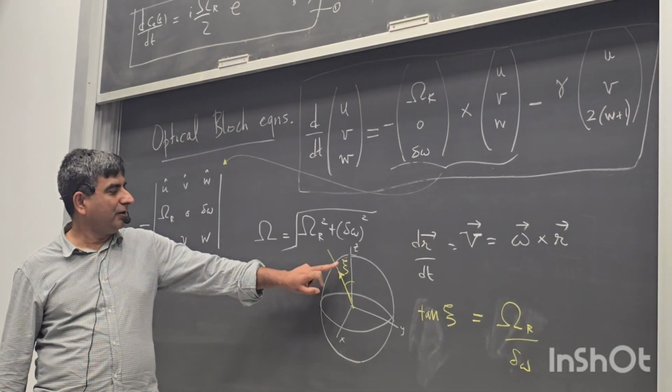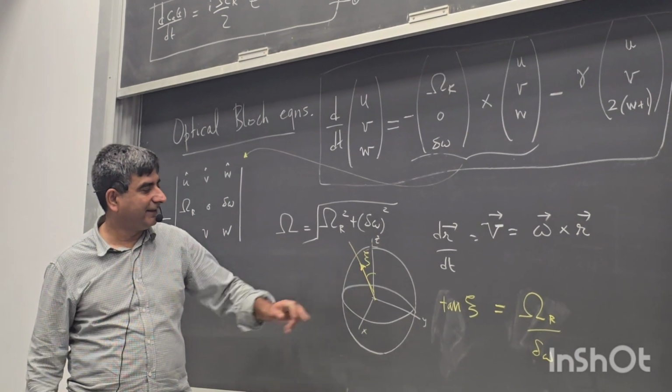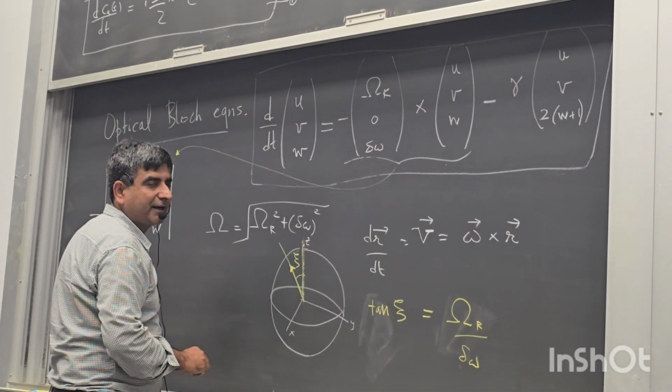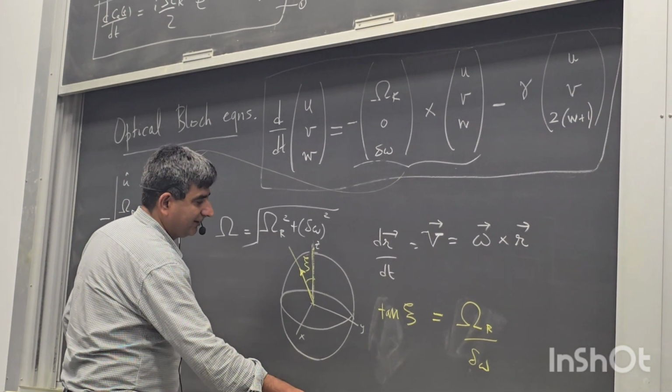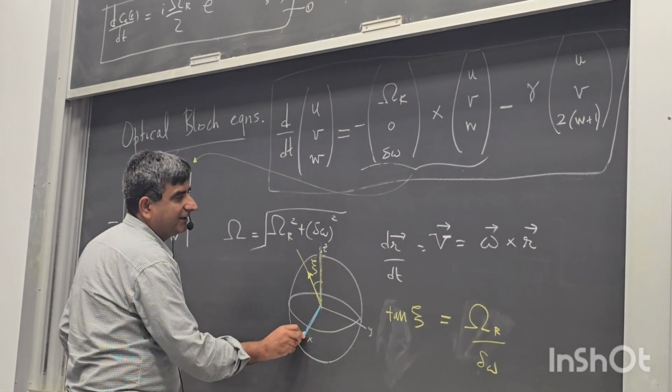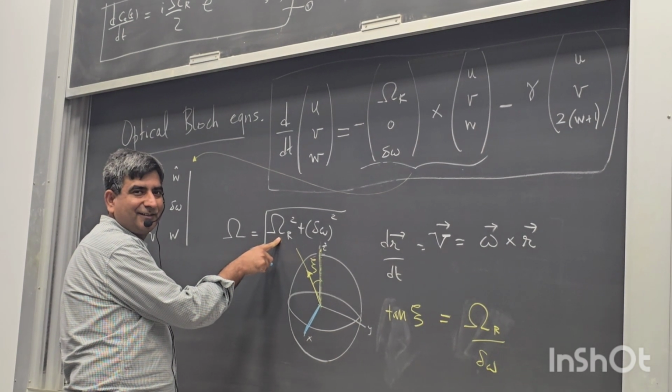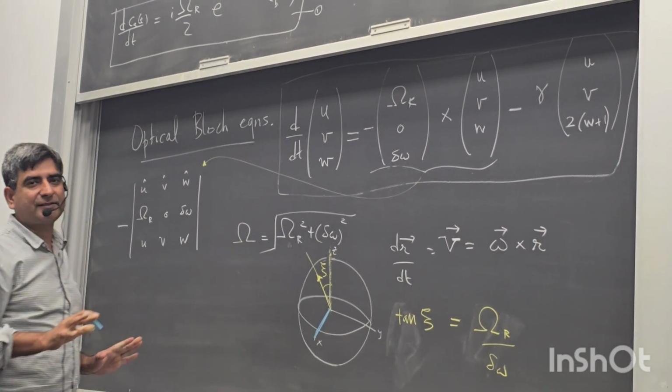Right? So along the z-axis, this component is proportional to delta omega, and this component is proportional to the Rabi frequency, the Rabi oscillation frequency. Okay? So everything works out.